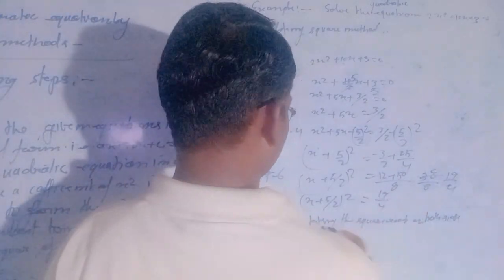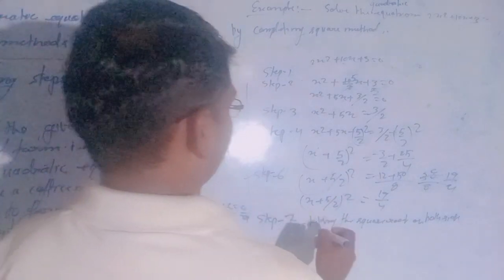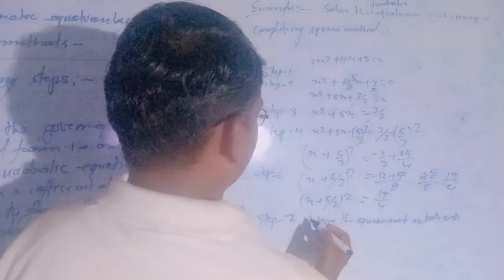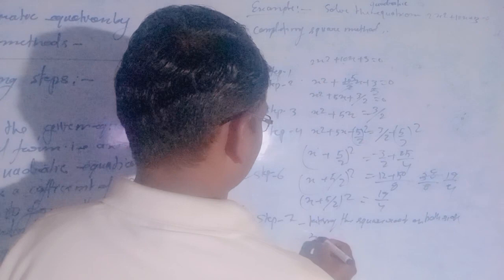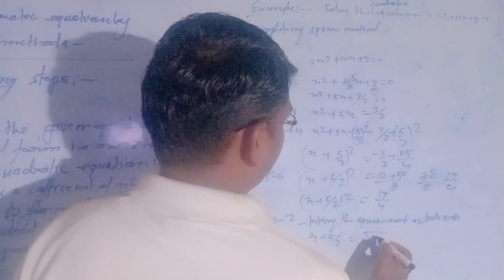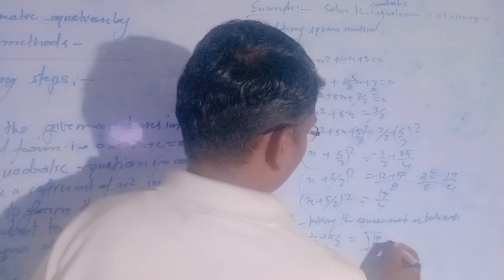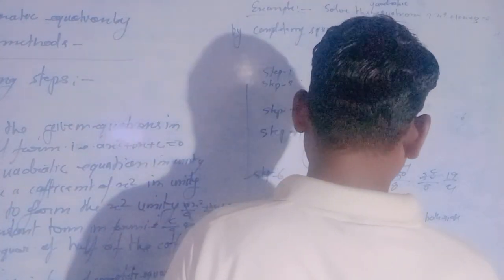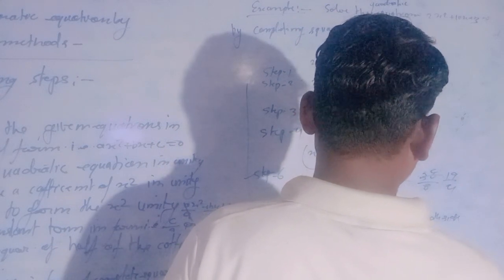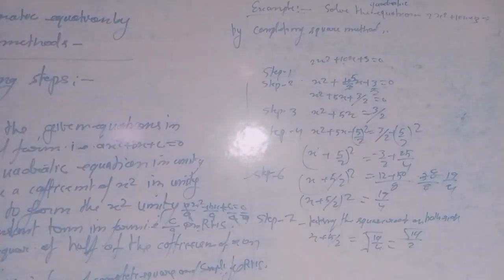So if we take the square root on both sides, it becomes x plus 5 by 2 is equal to under root 19 by 4, which is under root 19 by 2, taking plus and minus.